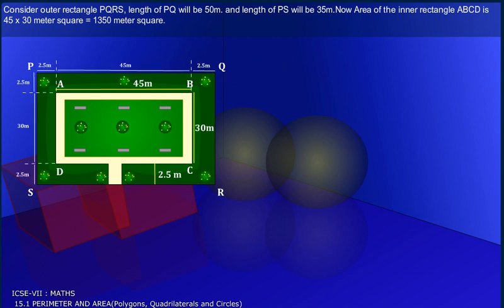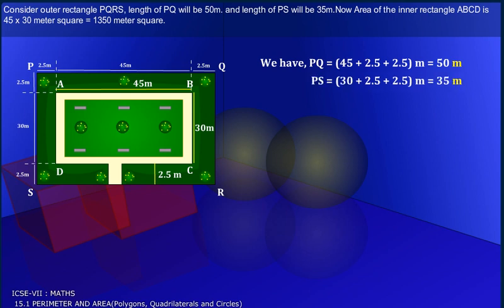Consider outer rectangle PQRS. Length of PQ will be 50 meter and length of PS will be 35 meter. Now area of inner rectangle ABCD is 45 into 30 meters square is equal to 1350 meters square.